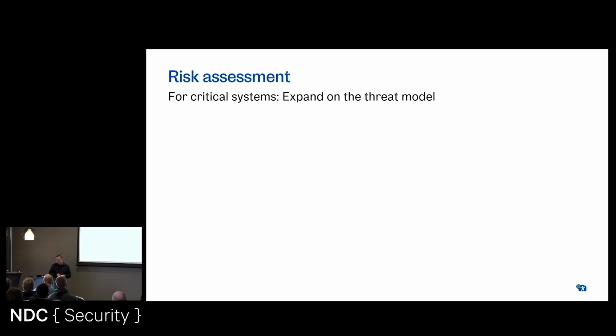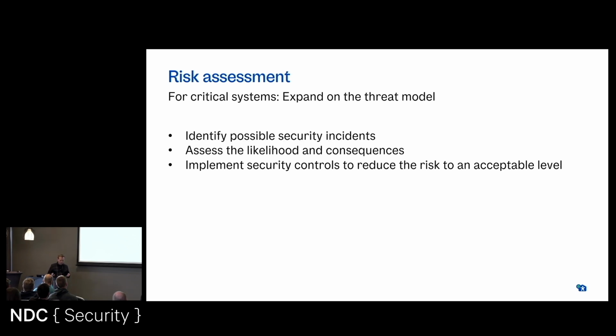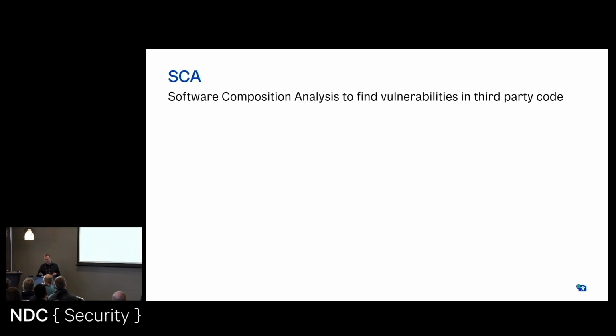So for critical systems, we expand on the threat model and we look at what more could happen, what more incident types. We look at the likelihood, consequences, and most importantly, we look at how we can reduce the risk to an acceptable level afterwards.